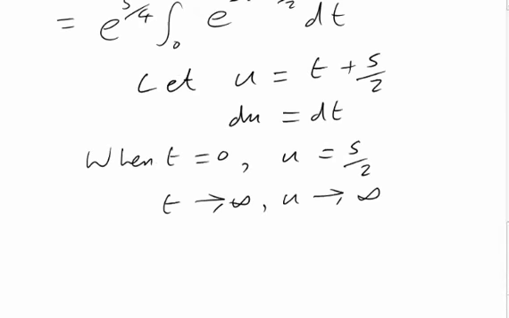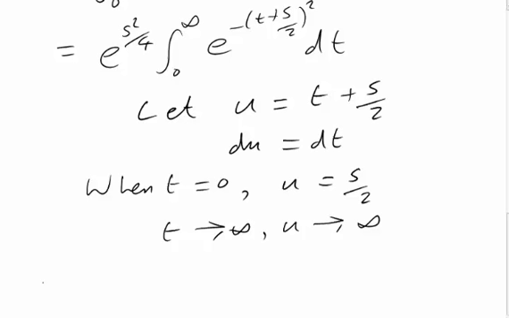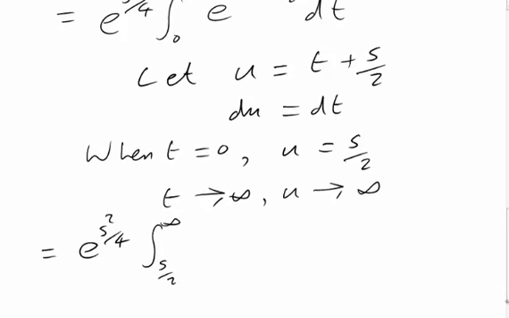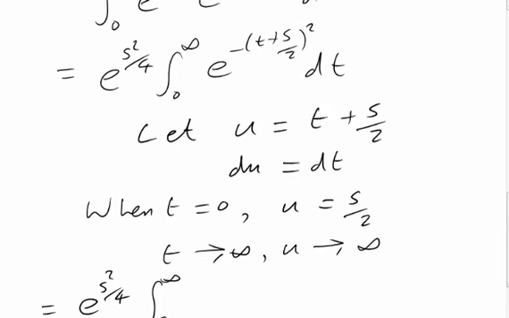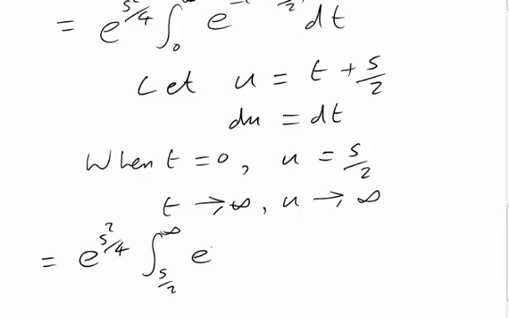So now our integral becomes e to the s squared over 4 still at the front, integral still infinity on top, but now not 0 for the bottom limit, but u equals s over 2, and then inside e to the minus, but that's now just u squared, isn't it? And dt is the same as du.